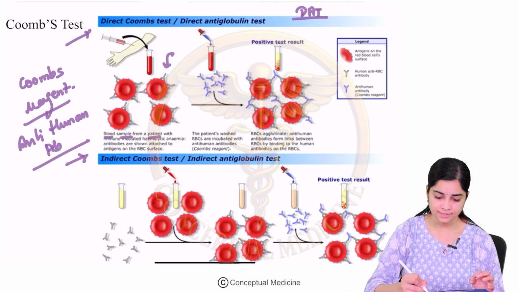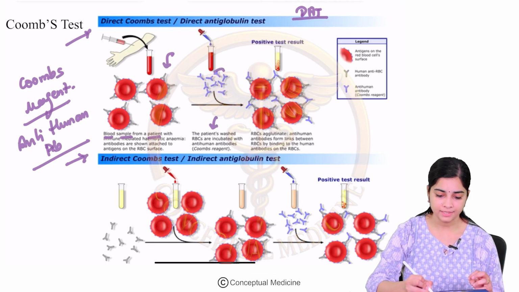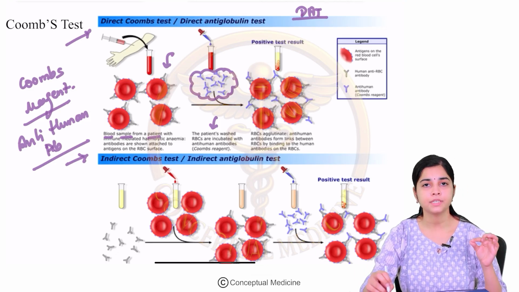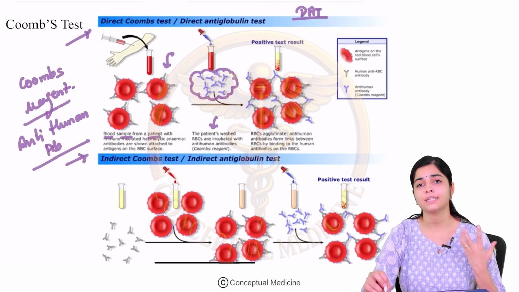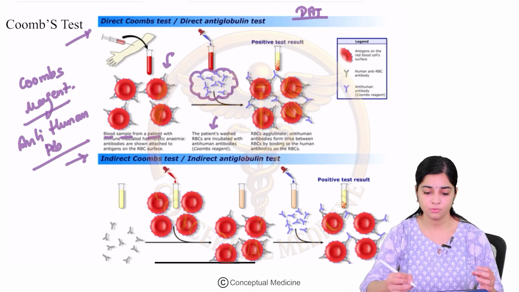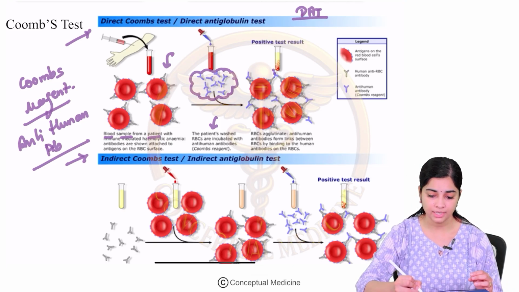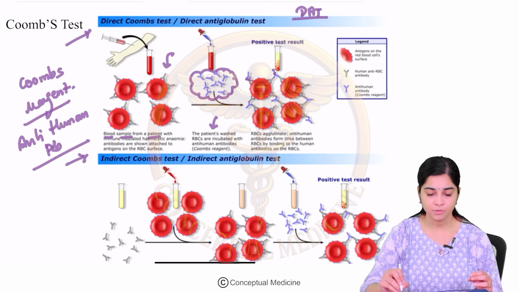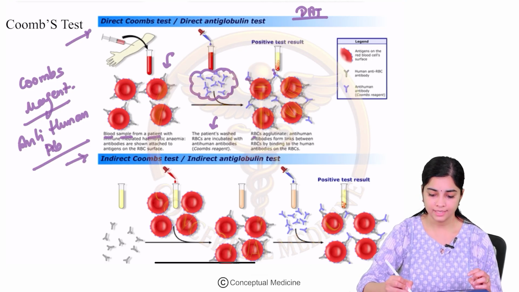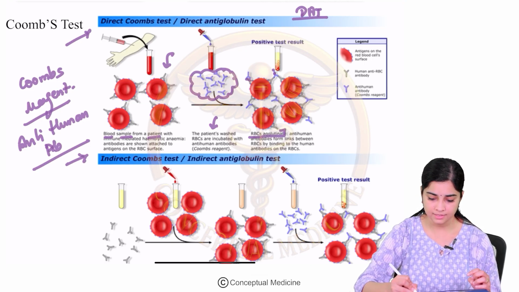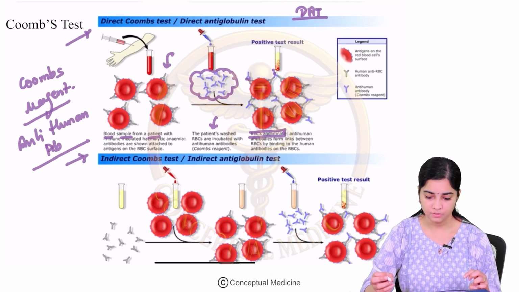Now what we do is the patient's RBCs are washed and they are incubated with this Coombs reagent. Now this Coombs reagent is going to go and attack any human antibody, and hence the Coombs reagent is going to attack these autoantibodies on the RBCs as well. Hence this results in RBC agglutination. Okay.